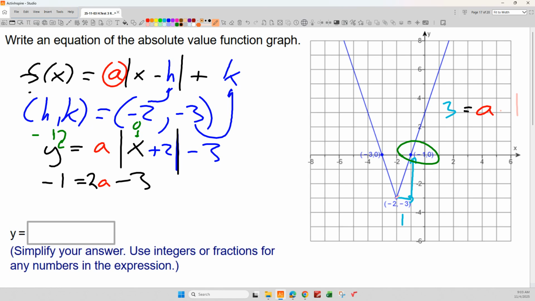Oh, -1, not, yeah, you're right. Whoops. Yeah. Oh, yeah, they're backwards. There we go. Thank you.